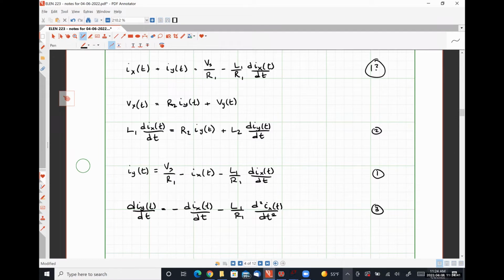And we're now going to substitute equation 1 and 3 into 2. And then we're in the home stretch. At this point, it's only algebra, no more circuit analysis whatsoever.